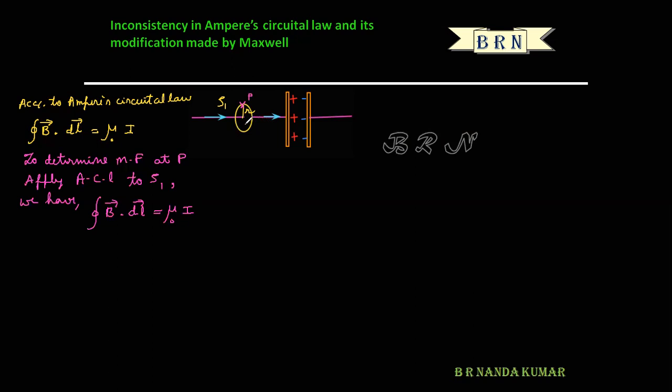According to the right hand thumb rule, what is the direction of magnetic field in this circular loop? That is very important. It is anti-clockwise, right?